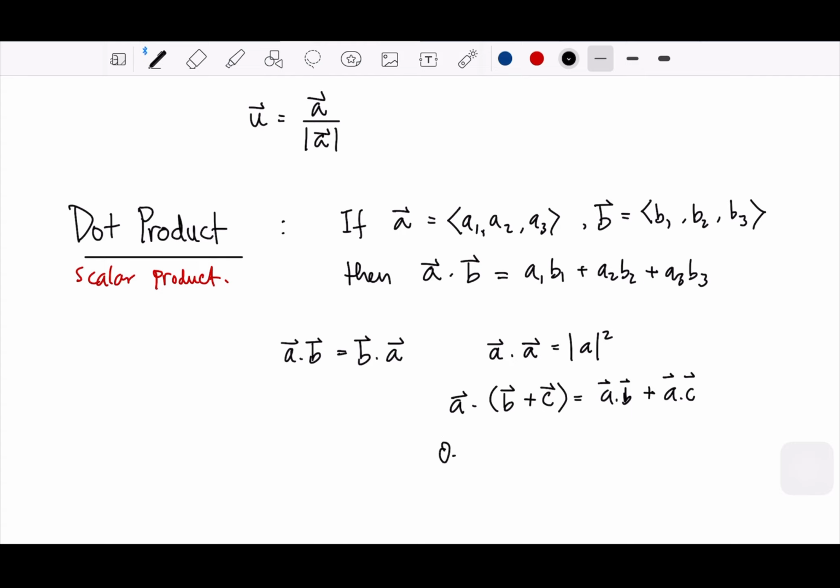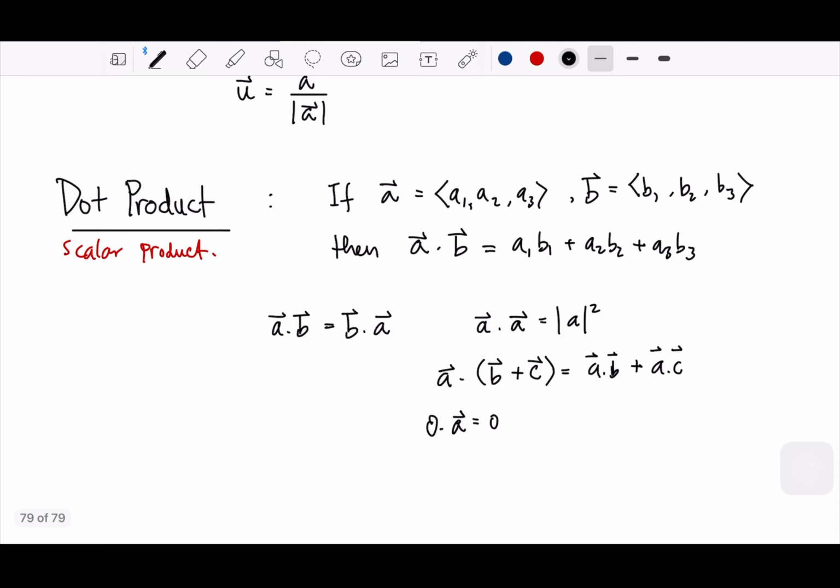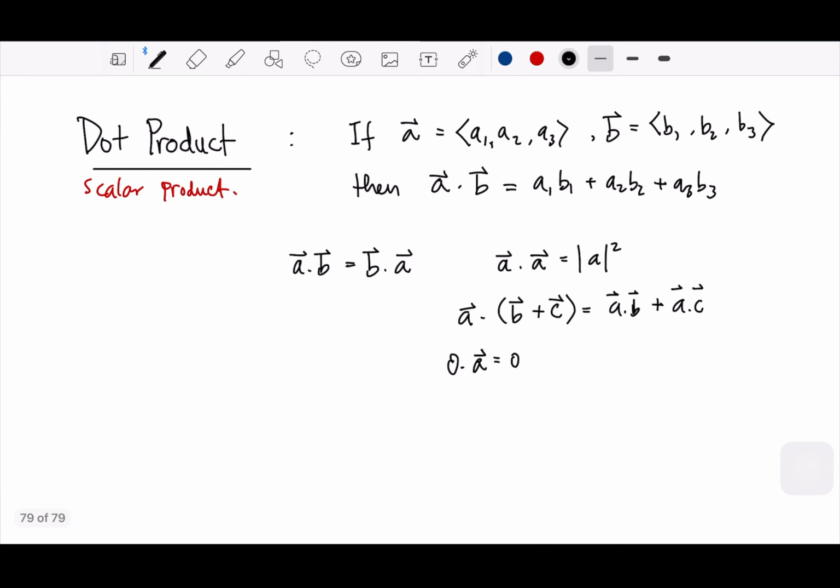If you multiply with 0, this will result in 0 because it's a scalar. And also, if d is a scalar, then dA dot B will be d times A dot B, or A dot dB.